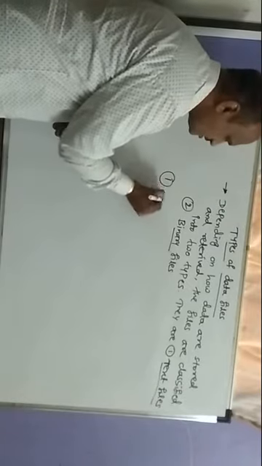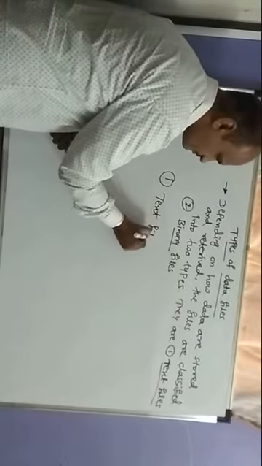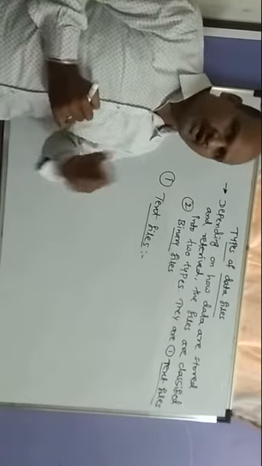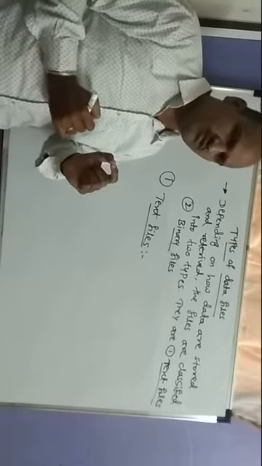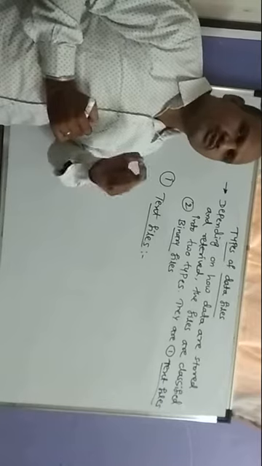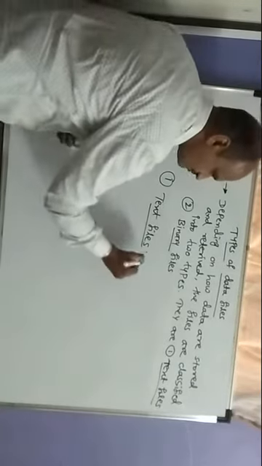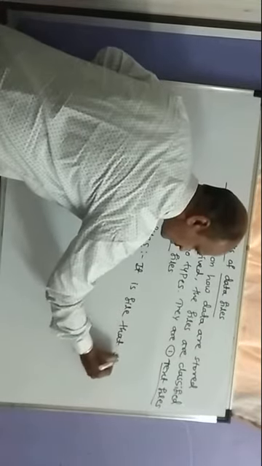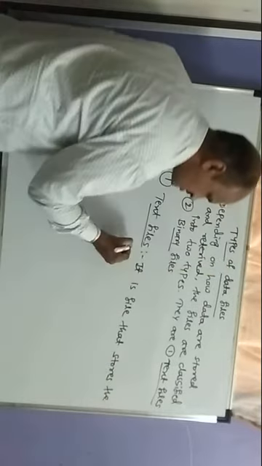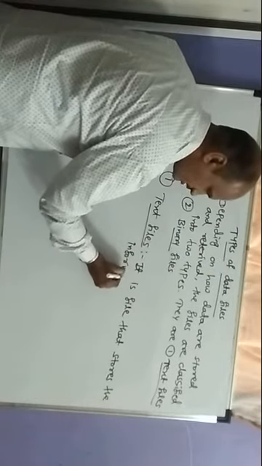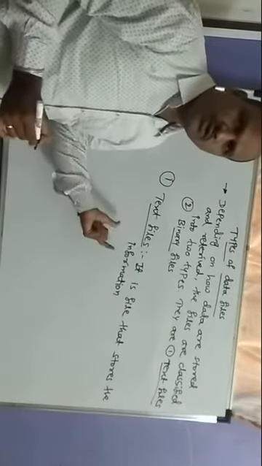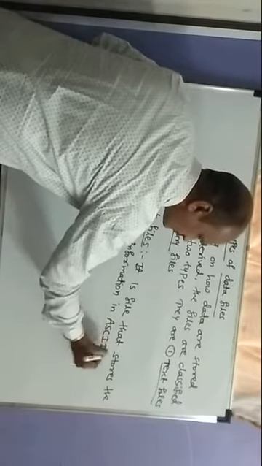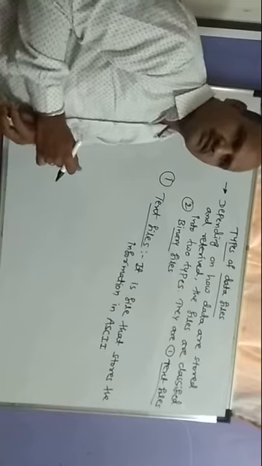The first one is text files. A text file is a file that stores information in ASCII characters, American Standard Code for Information Interchange.